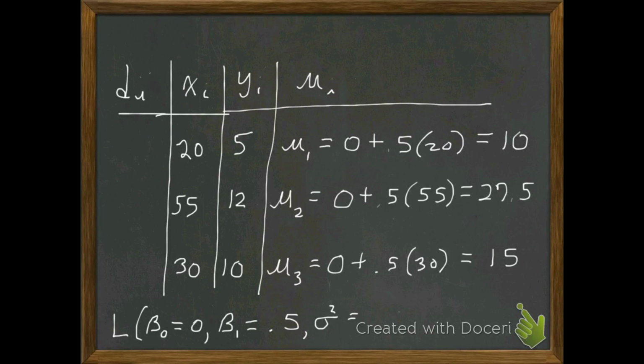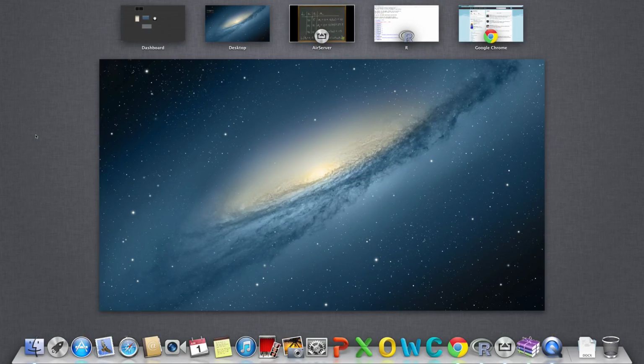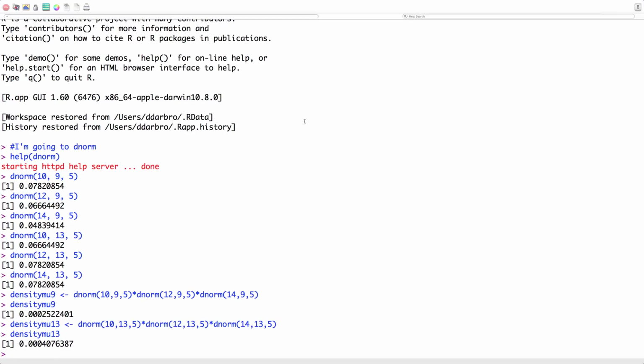We chose 3, so it's equal to 9. It is going to be the product of our densities. So what we need to do is go back into R and calculate the probability density function values, and we can get the likelihood that this data came from the distribution with these parameter values. So let's get out of this and calculate some densities.